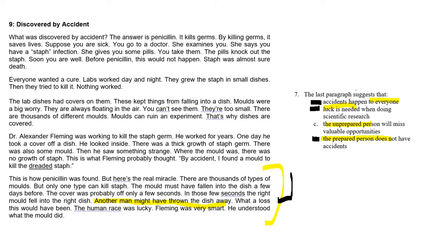So even though he was prepared, he was lucky and he had an accident. He did not plan for the mold to go into his dish. So even though Fleming was prepared, Fleming still had an accident. The correct answer is C. The unprepared person will miss valuable opportunities.